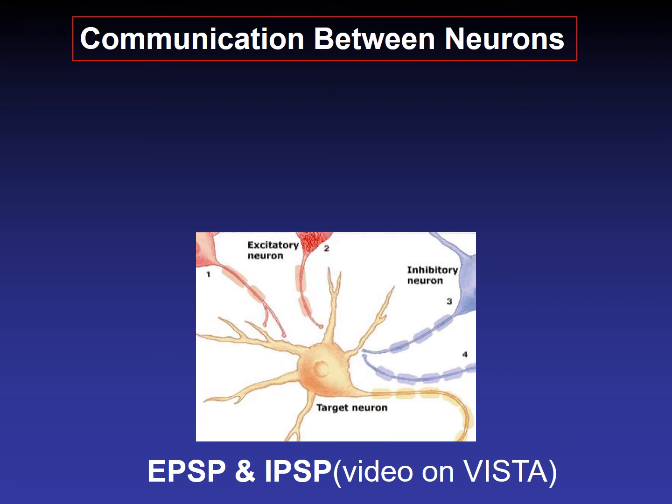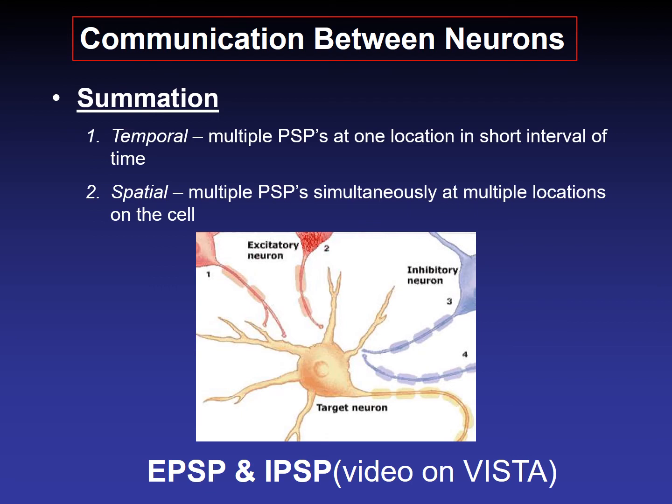We really need that neuron to fire many action potentials in a very short amount of time, releasing a lot of neurotransmitter, creating a lot of excitatory postsynaptic potentials, or we need multiple neurons at different locations on that cell to fire multiple action potentials, releasing multiple volleys of neurotransmitter, creating multiple excitatory postsynaptic potentials. And if one of those two things happens, or both, then what we get is something called summation.